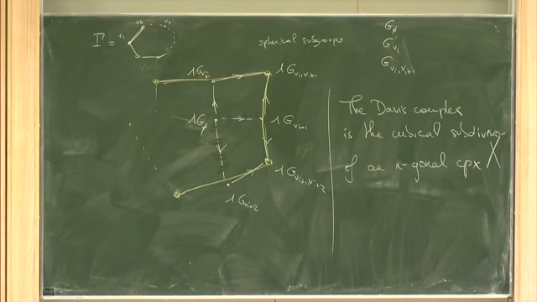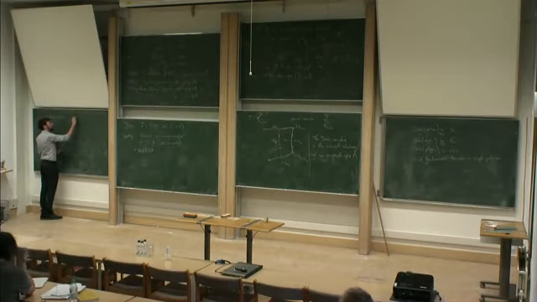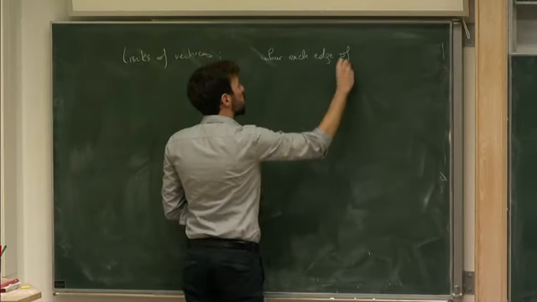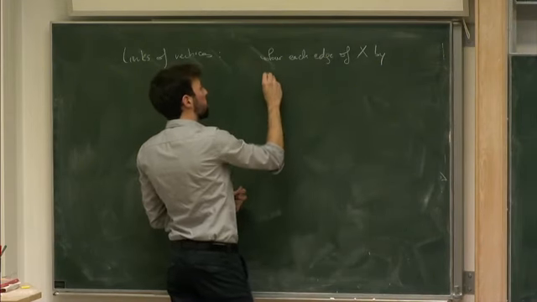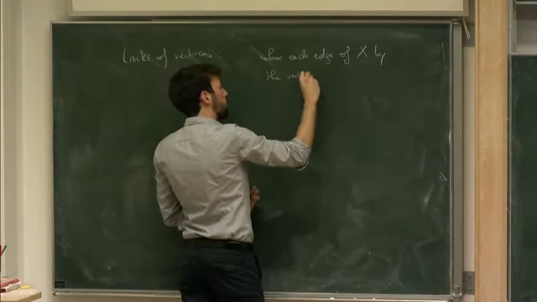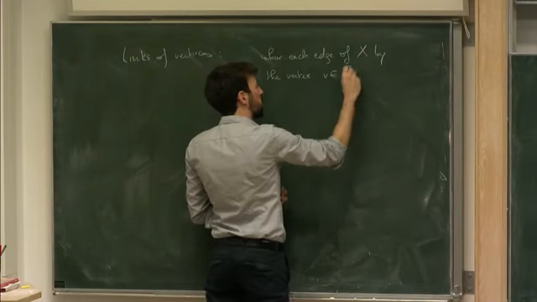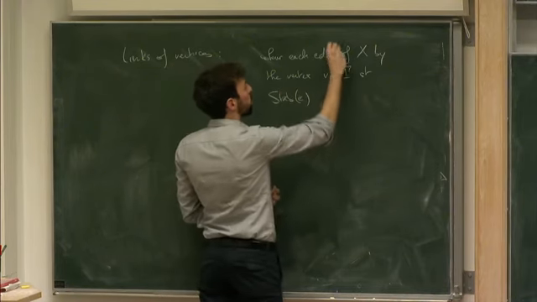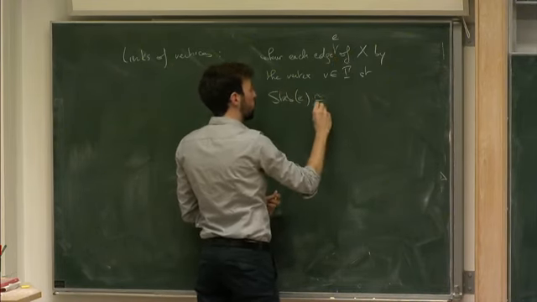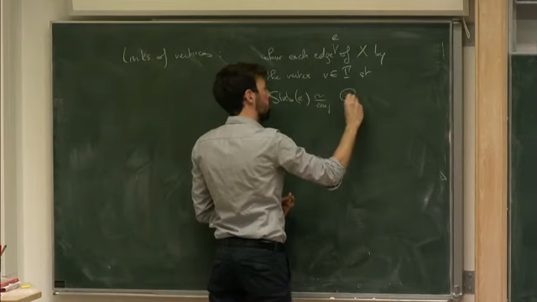So color each edge of X by the vertex V of gamma, such that the stabilizer of that edge E is up to conjugation GV.